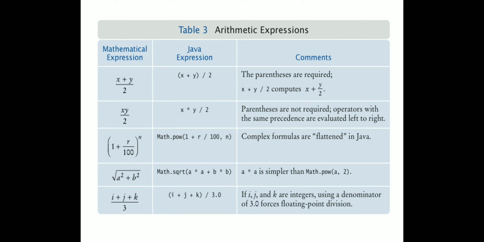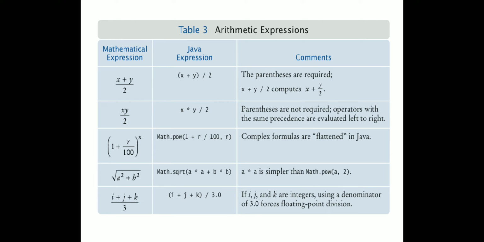Math.sqrt and Math.pow are from the Math package. Finally, the last one, (i + j + k) / 3, we write in Java in parentheses as (i + j + k) / 3.0.